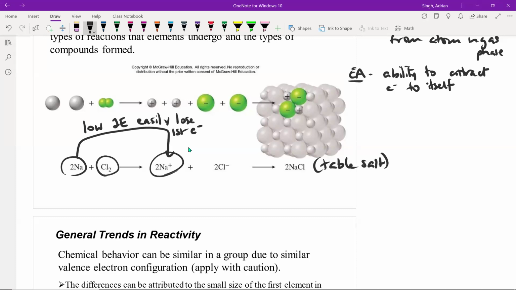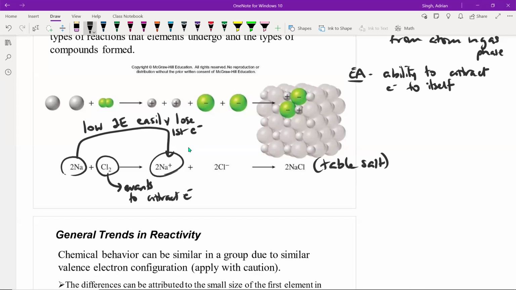And on the other hand, the chlorine has an energetically favorable electron affinity. So it has the ability to attract electrons from another source, right? So the chlorine here wants to attract electrons from something else. So they can help each other out, right?